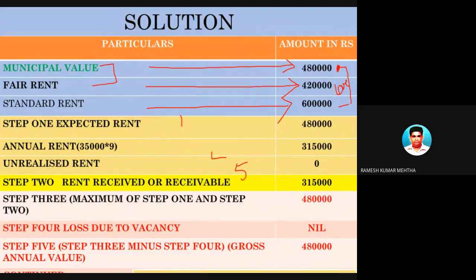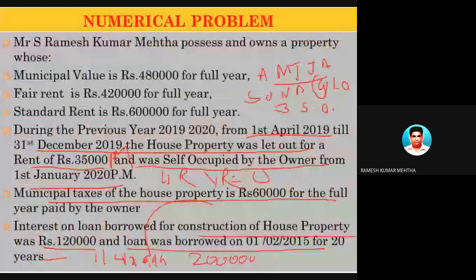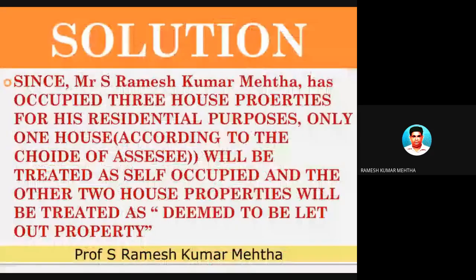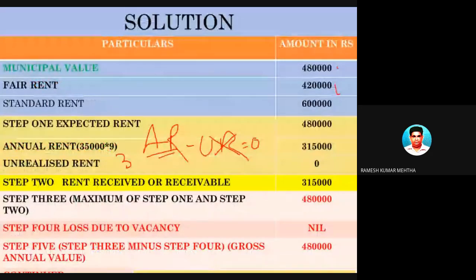Step 2 is the actual rent at which it has been let out, minus unrealized rent. There is no unrealized rent, which is zero. The actual rent is 35,000 into 9 months, because for 9 months it has been let out. So it is 3,15,000 rupees.